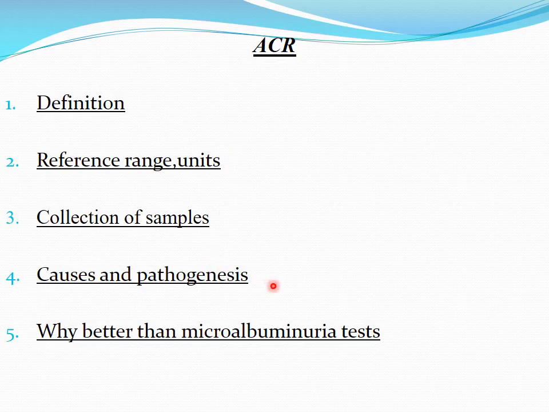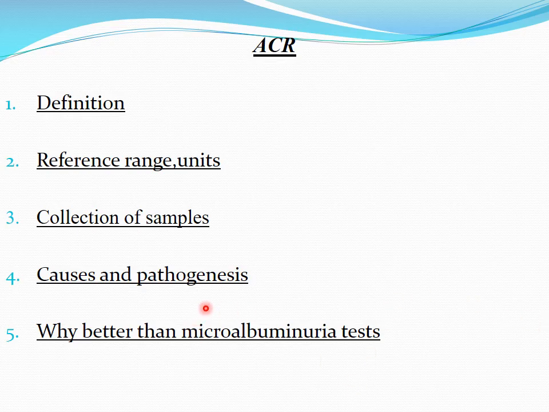It is because of the correction of intra-individual variation in urinary volume. The volume does not remain the same every day, so the creatinine value also changes. So it is more predictive if we compare the albumin creatinine ratio rather than seeing only the albumin loss.